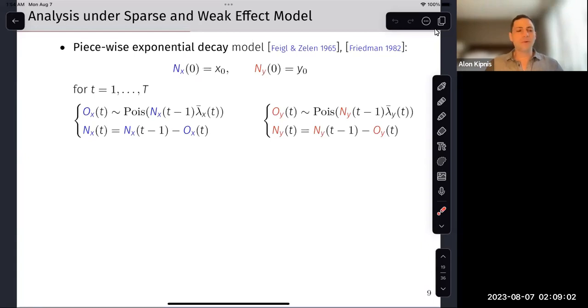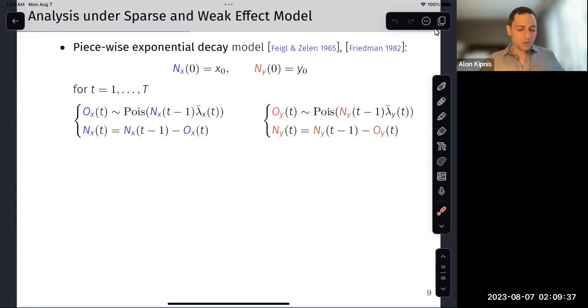This model is mostly for a sanity check, and to show you that it makes sense to suggest a method that should work as an alternative to the log rank, just because the log rank will turn out not to be useful under this model, but our method is useful. Although real data obviously does not obey the model, this model was used before in the context of survival analysis. It is sometimes called the piecewise exponential decay model.